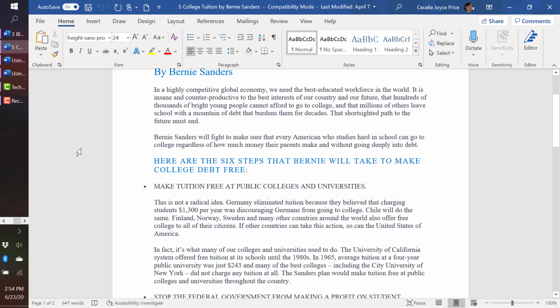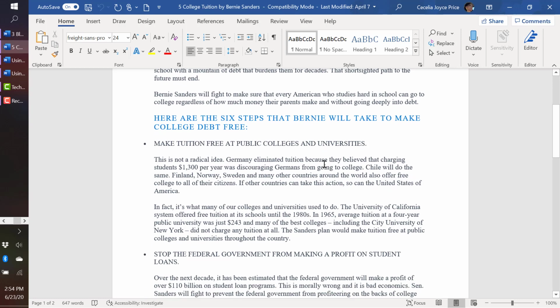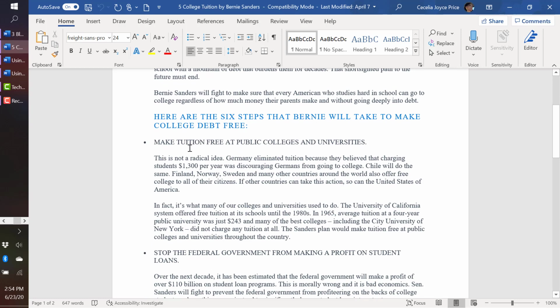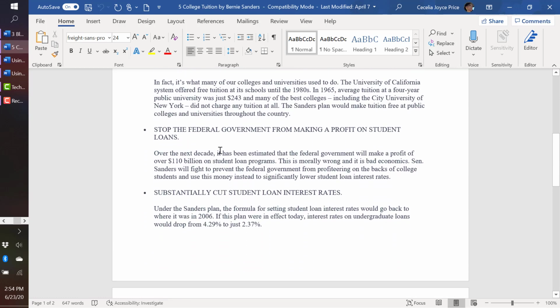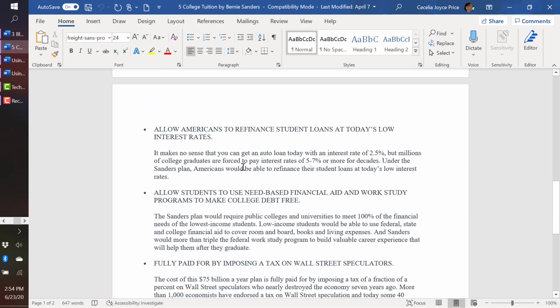And I'm not going to read the rest to you, but I will point out his 6 steps that he would take to make college debt free. Okay? So the first step, he said he would make tuition free at public colleges and universities. And these next 2 paragraphs explain the rationale for that. The second one, he'd stop the federal government from making a profit on student loans. And then he explains that. Substantially cut student loan interest rates. And then he explains that one.